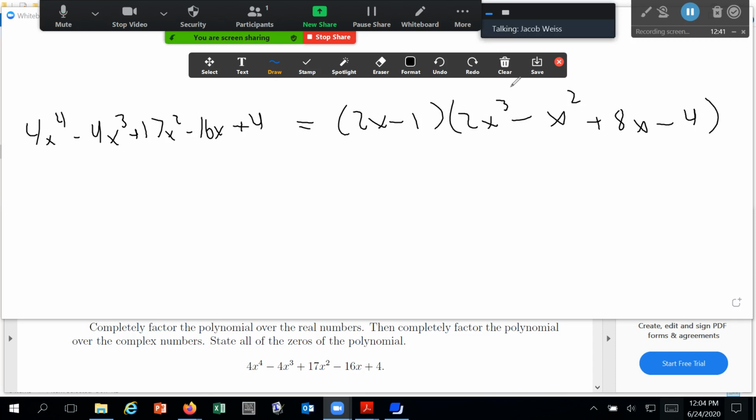Okay. So now what I want to do is I want to solve 2x cubed minus x squared plus 8x minus 4 equal to 0. All right.